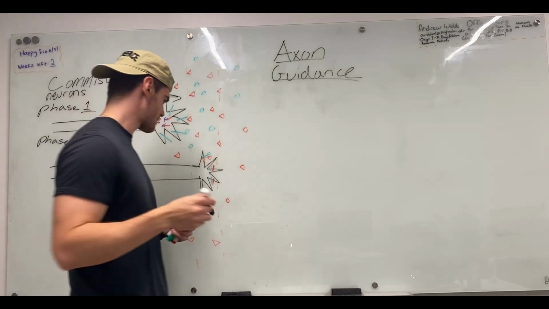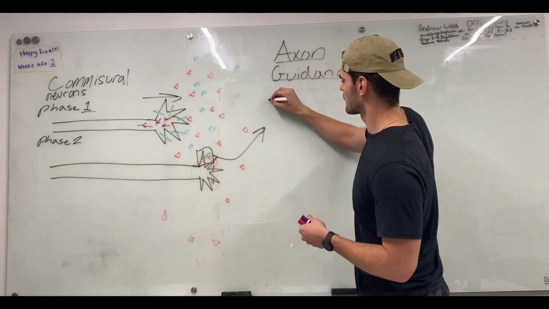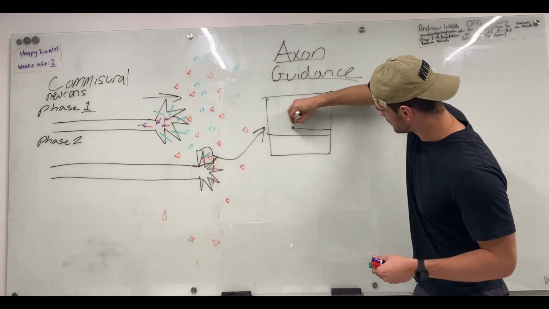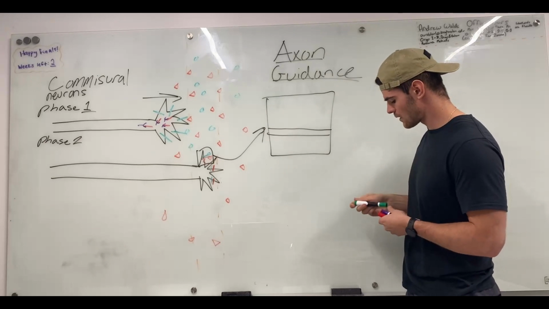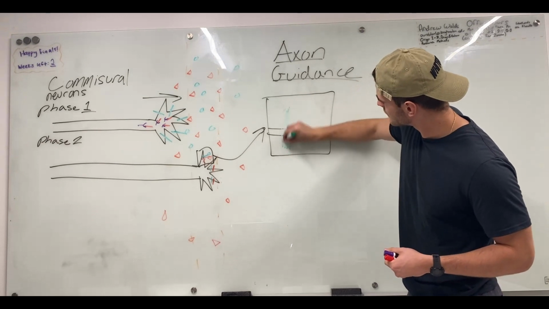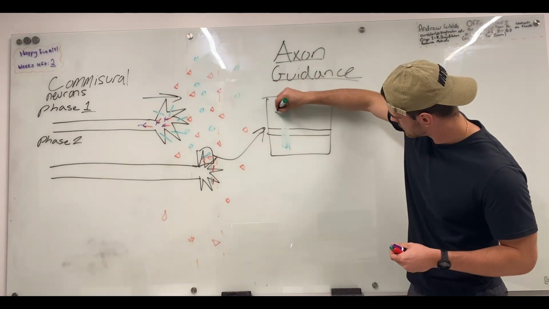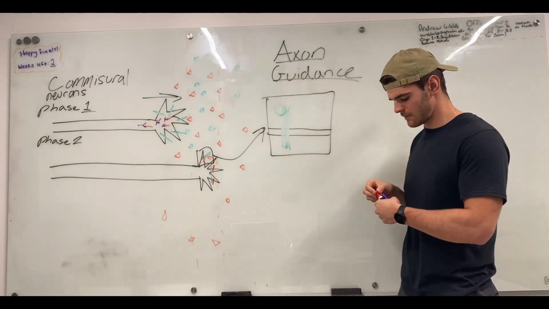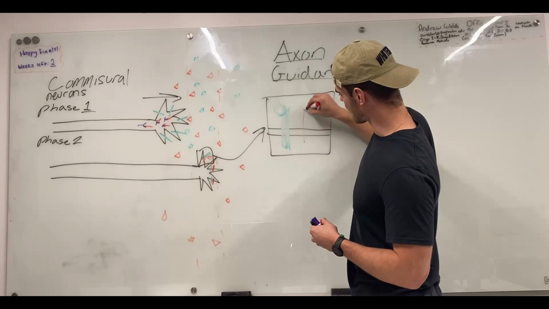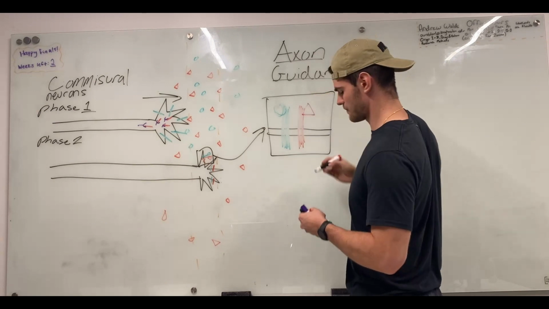So I will take a snapshot of this, explain it a little better. Snapshot, come over here. Okay. We'll have membrane. Got DCC. Okay. With its netrin. And now, in this phase two, we have robo with slit.